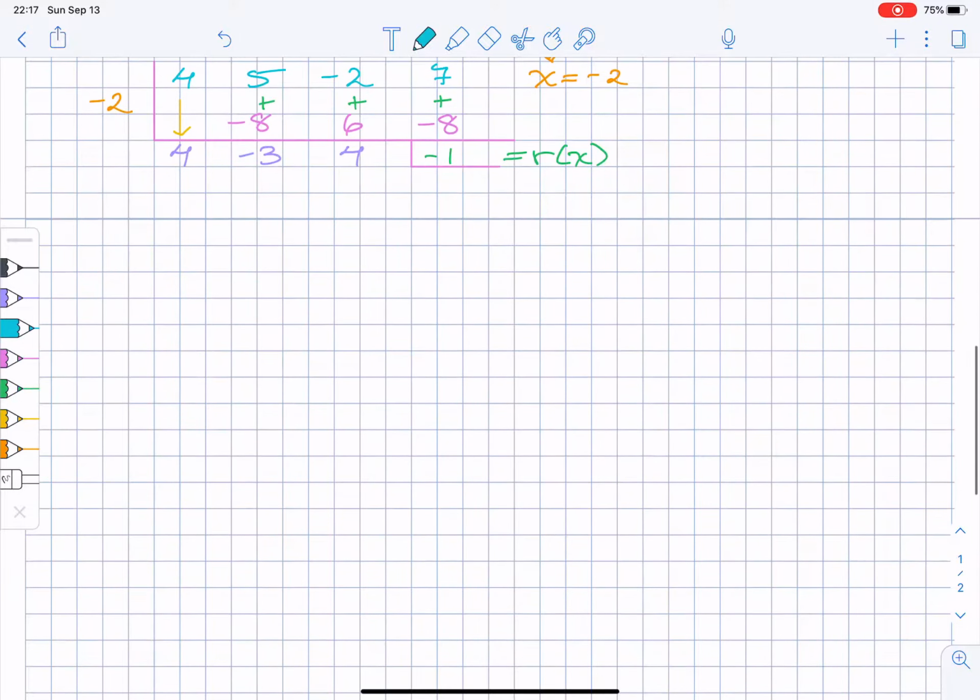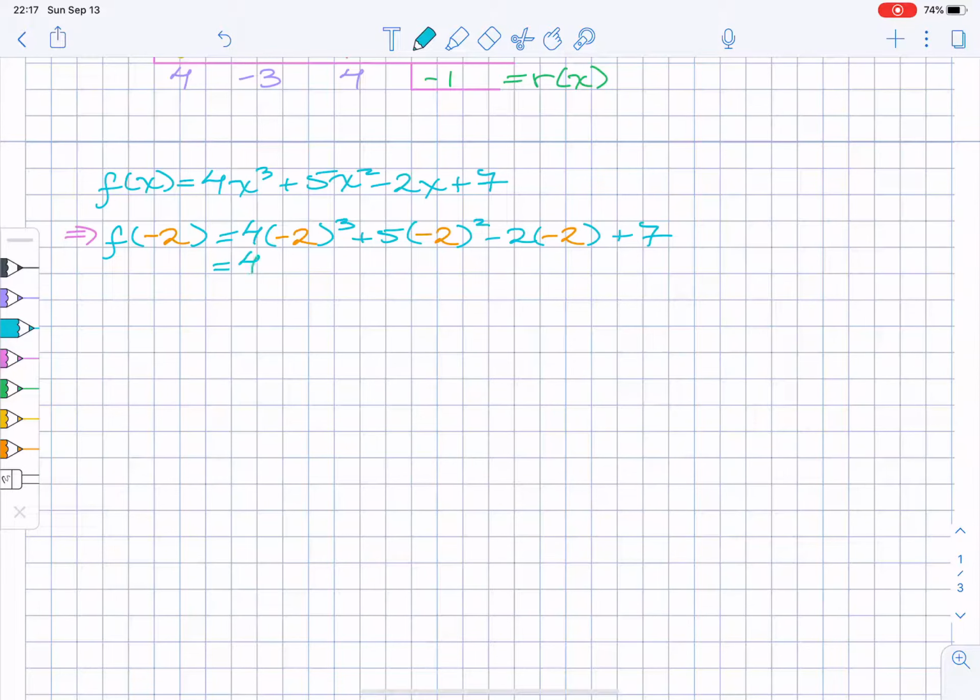So what is my function? My function f of x is 4x cubed plus 5x squared minus 2x plus 7. So this means that f evaluated at negative 2 will be 4 times the quantity negative 2 cubed, plus 5 times the quantity negative 2 squared, minus 2 times the quantity negative 2, plus 7.